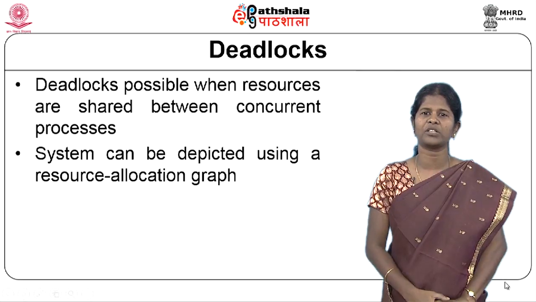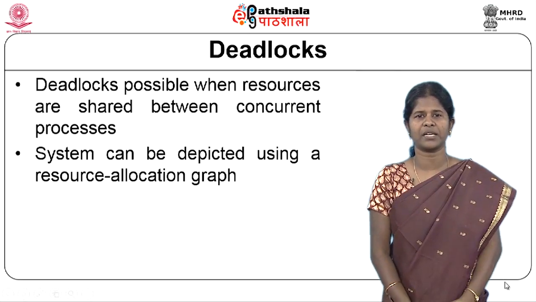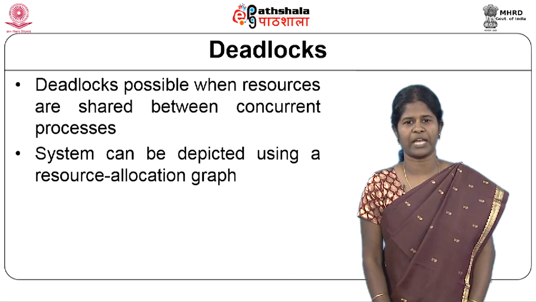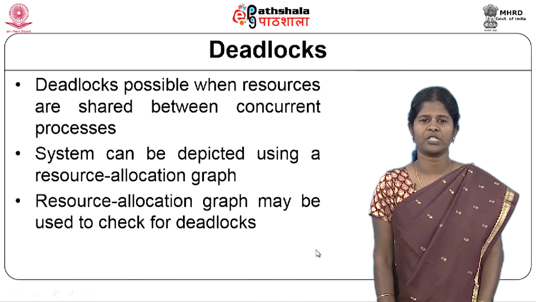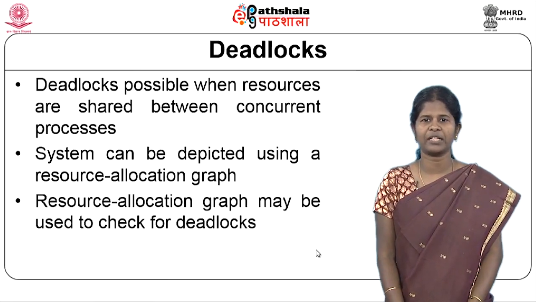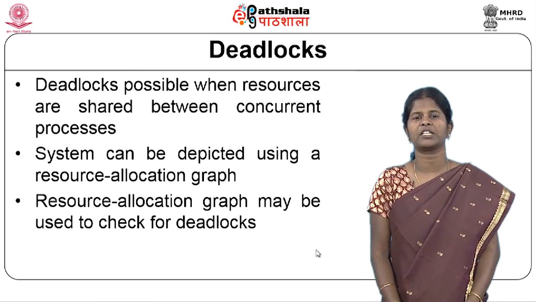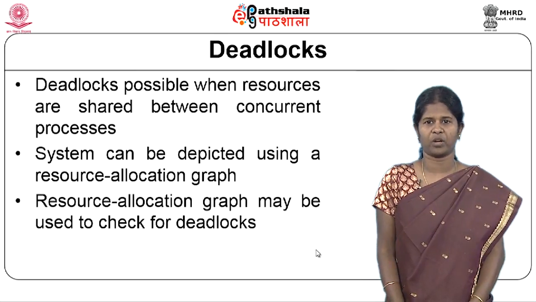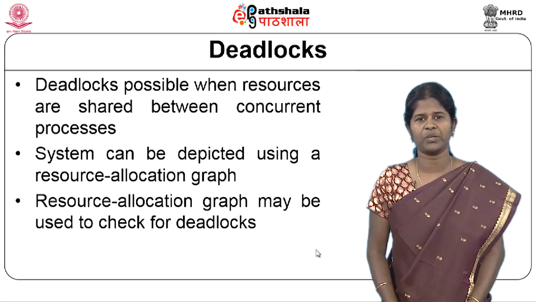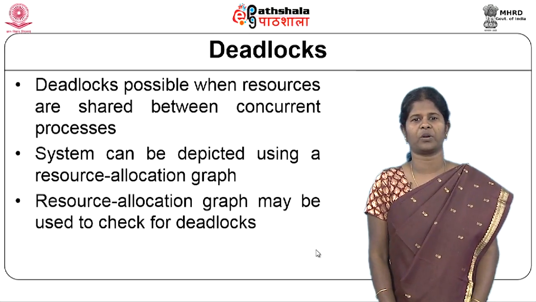We also saw that any system can be represented using a resource allocation graph, and if you find cycles in it, there may be a deadlock. So, the resource allocation graph can be used for checking for deadlocks.